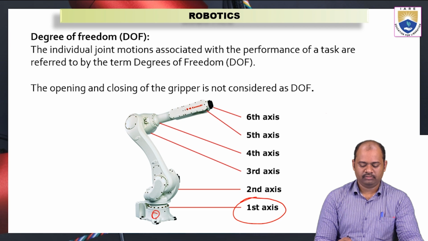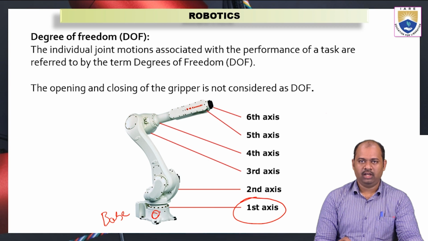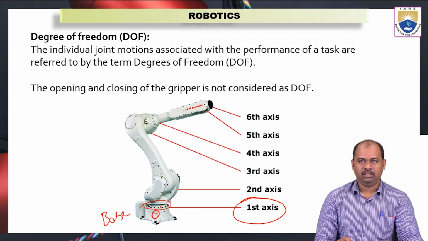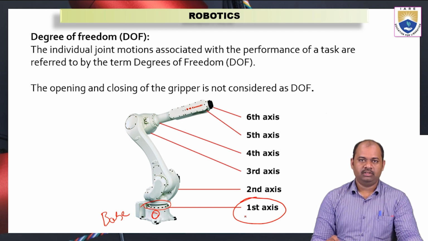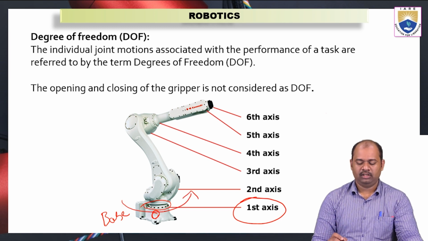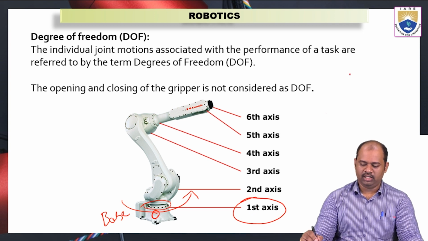This point is called the base. This is fixed and it cannot move. On this base, there is a wheel attached here. Now here we can see where the movement happens. It can rotate about this axis, about the horizontal plane. Okay, so this is the first axis of rotation. So here we have 1 degree of freedom.